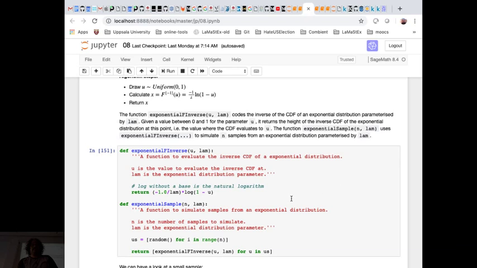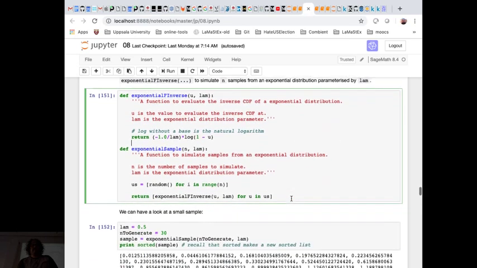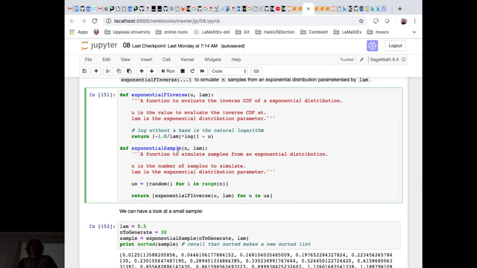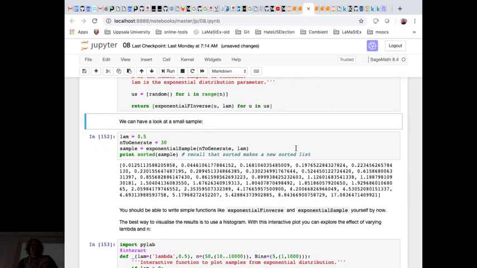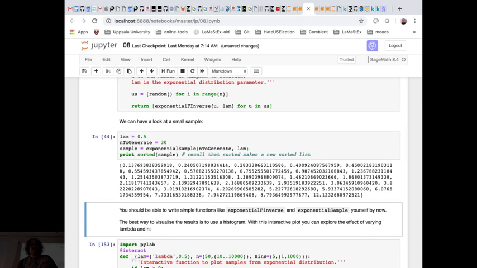So here I'm implementing this function, exponential F inverse, and this gives me F inverse. Then I make a function called exponential sample. I want n samples with parameter lambda, and I have u's, and then I do a list comprehension with the inverse distribution function. Okay. So let's have a look at a small set of samples with lambda half, so 30 samples.